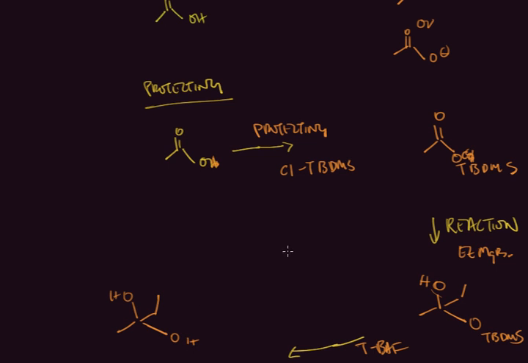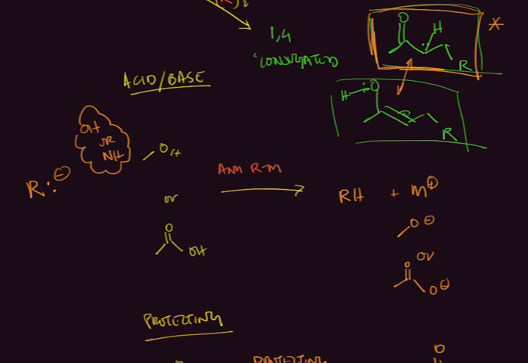Anyway, pretty cool. A way that you can keep the organometallics from doing an acid-base reaction, because again, the acid-base reaction is so much more favorable than the nucleophilic addition.